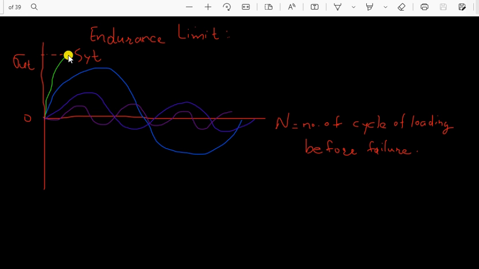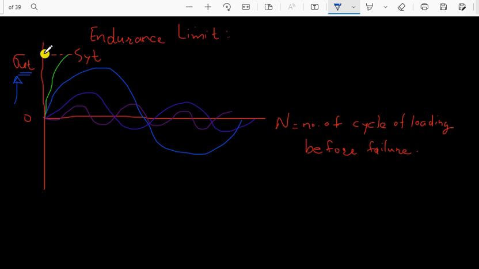If it is a brittle material, I can say that it is failing at ultimate strength.